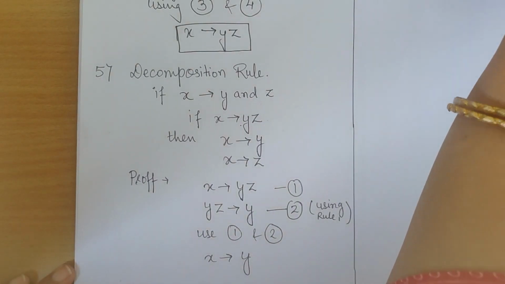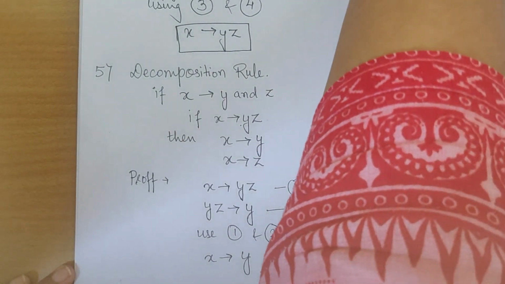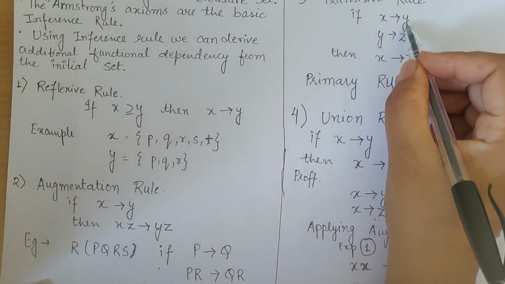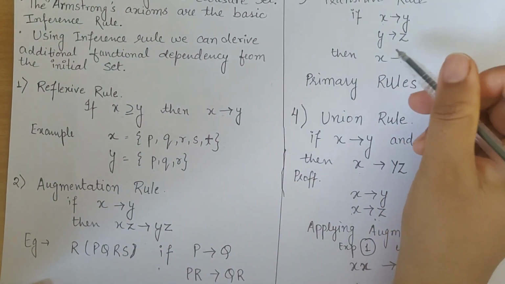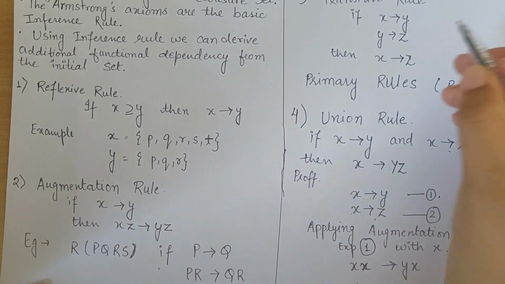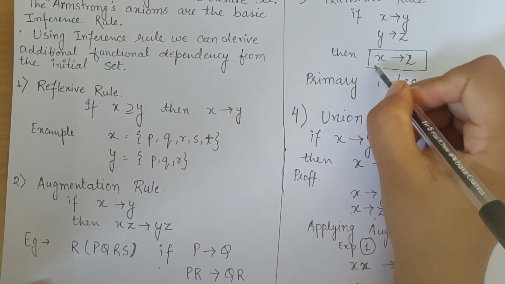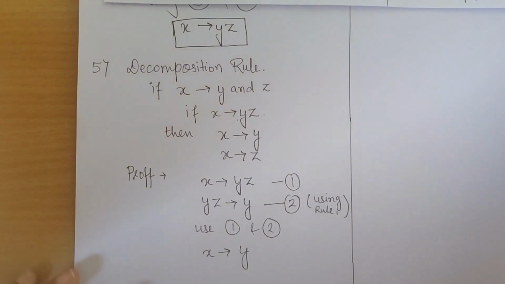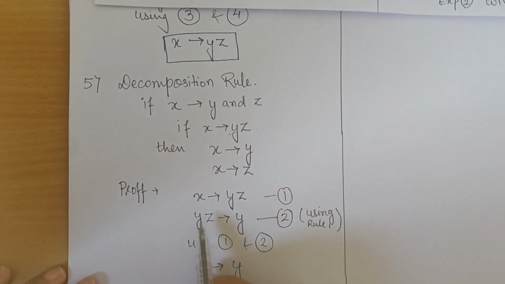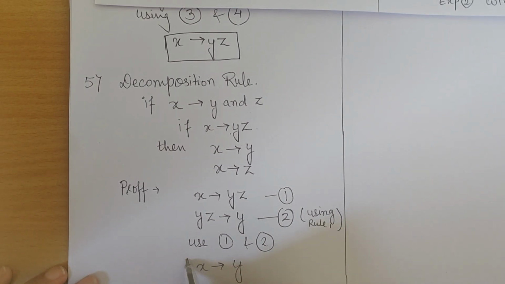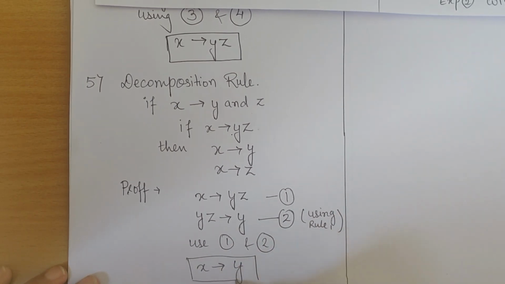The transitive rule says that if X determines Y and Y determines Z, then you can write X determines Z. Using this rule, we get the same thing here: X determines YZ, YZ determines Y, so we can say X determines Y.